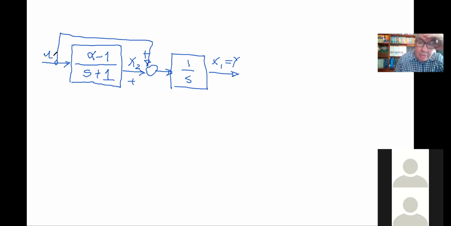Please raise your hands when you have the state model.